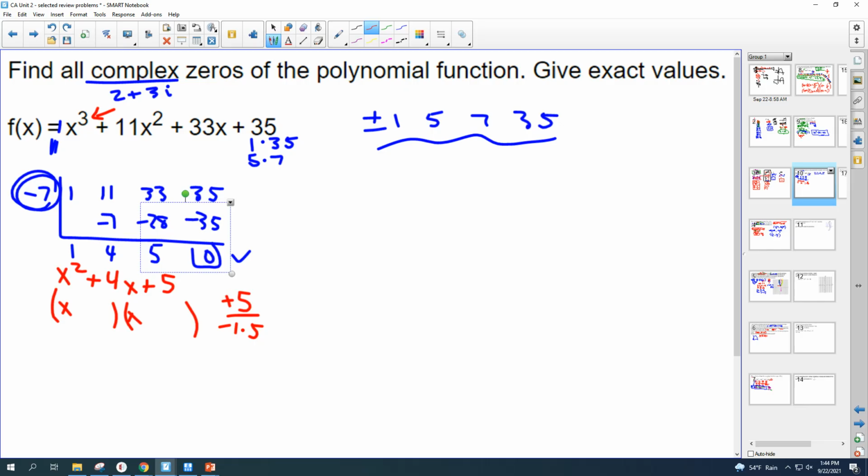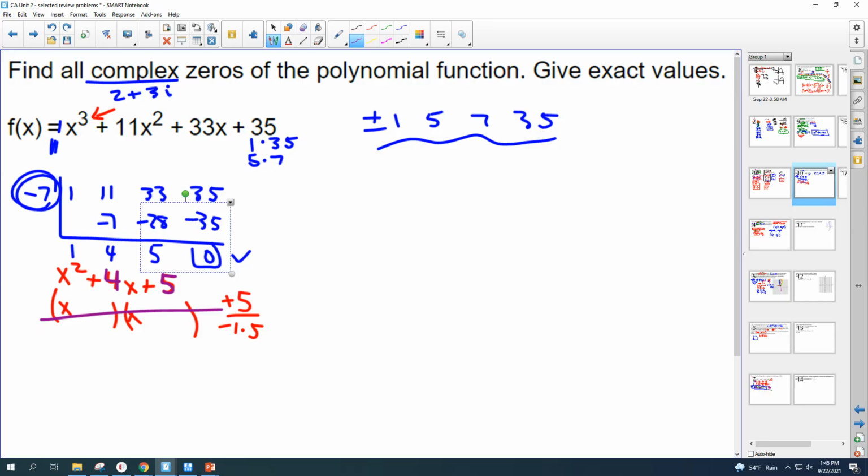I have to make a +5. The only way to make a +5 is if both of these are negative or both are positive, and you're not going to be able to do both things. You're not going to be able to find 2 numbers that multiply to +5 and also add up to +4, which means this can't be factored, which means this is going to be a nasty looking answer, okay?